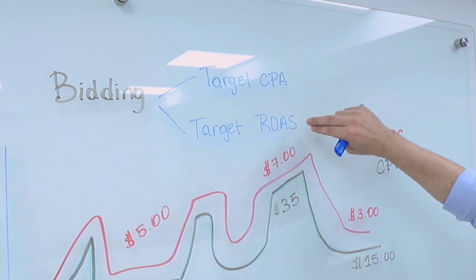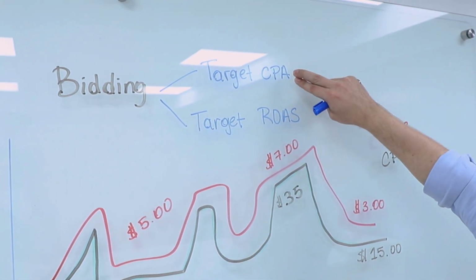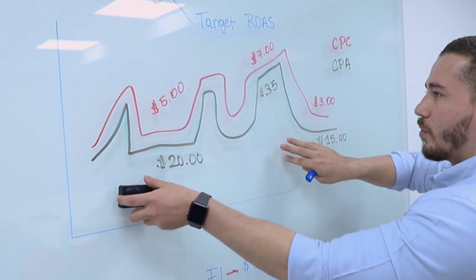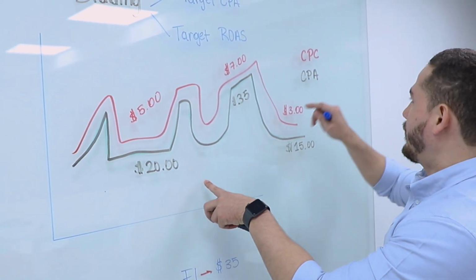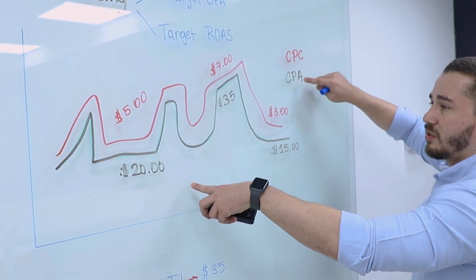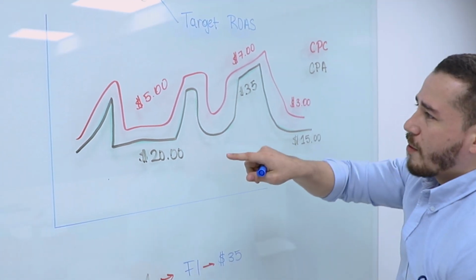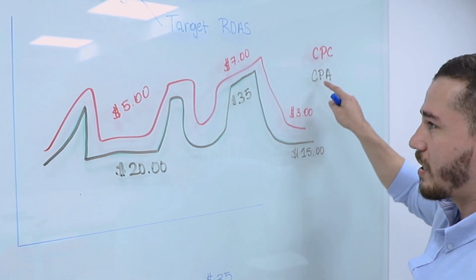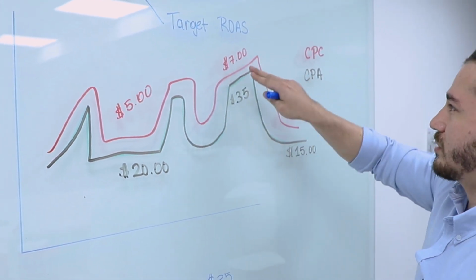So you have target CPA and target ROAS, and what you can do here is set specific target CPA values. And when you have a trend like this, we usually find that the average CPC and the average CPA are related. So whenever you raise the bids, the CPA of the campaign follows and increases as well.